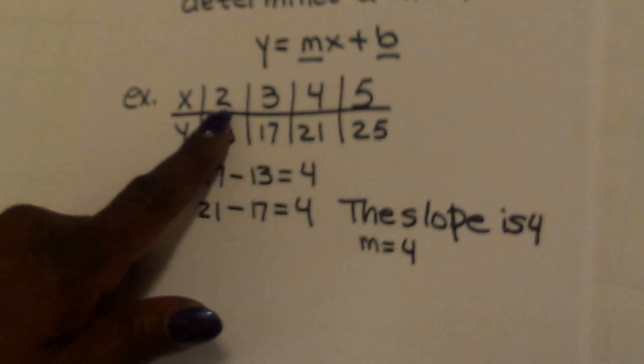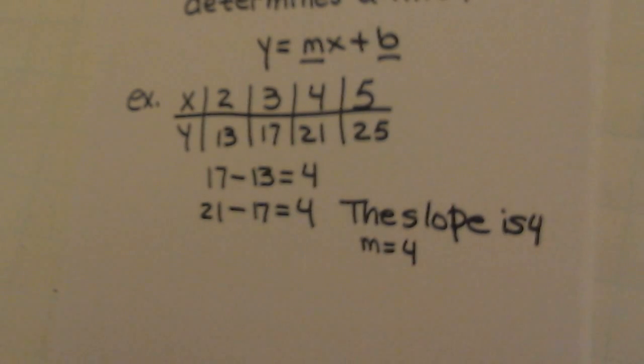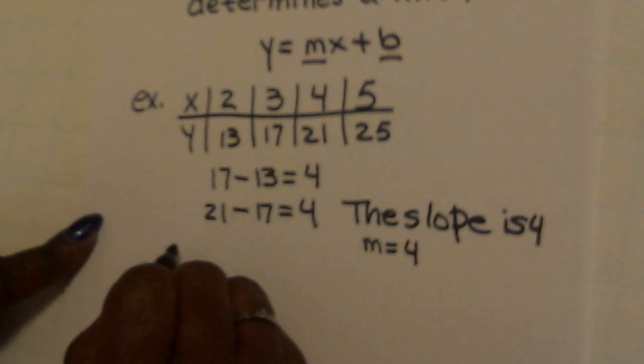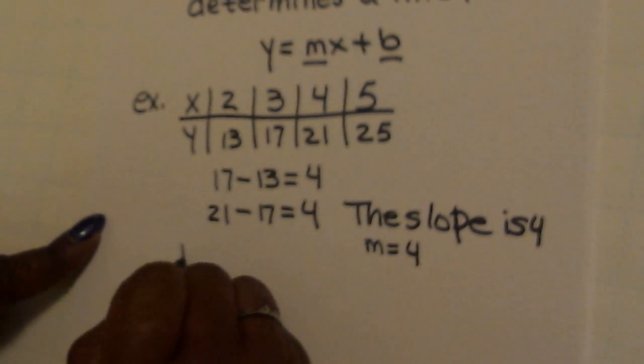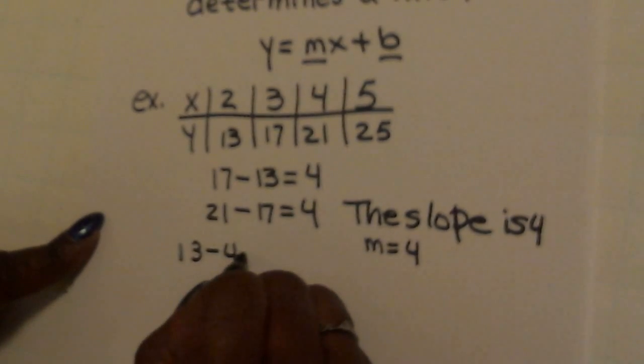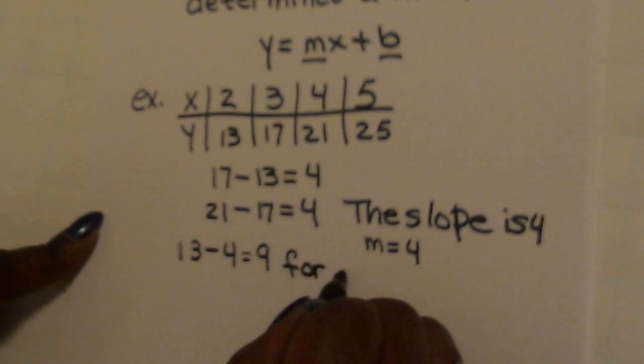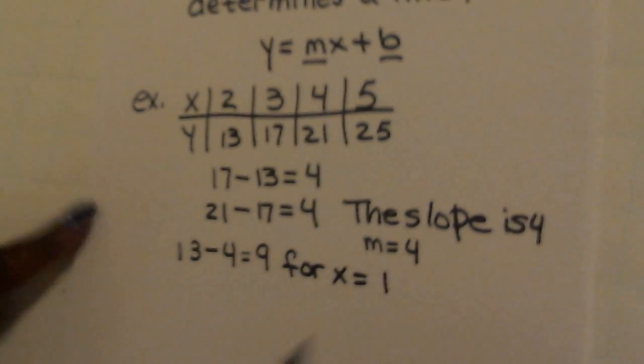So since I need to go backwards to find 0, I'm going to subtract. So to find the y-intercept, I'm going to do 13 minus 4, which is 9. That's for when x equals 1.